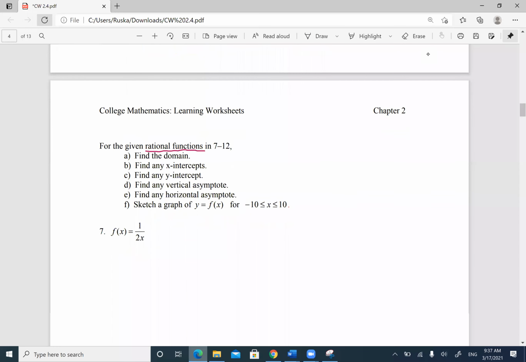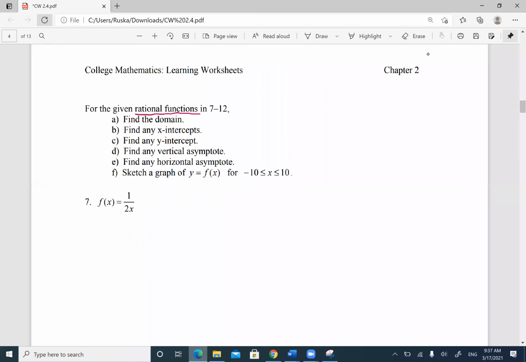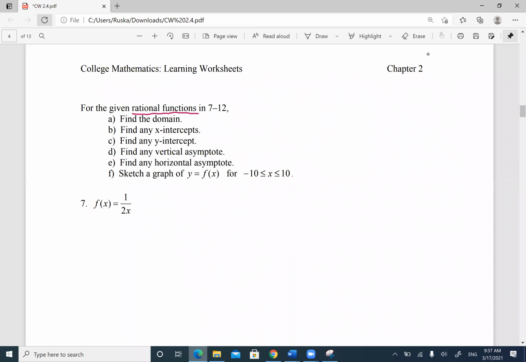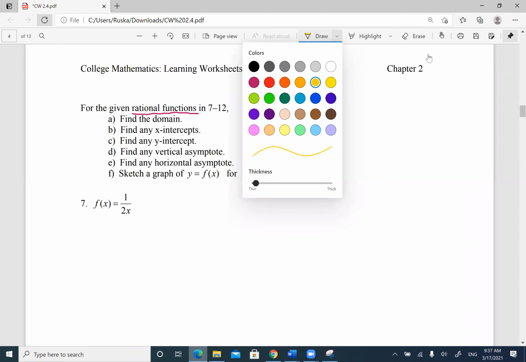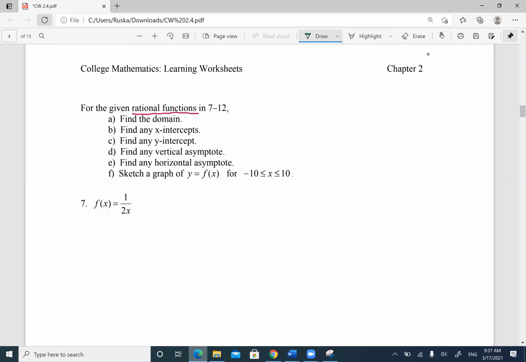Okay, so these are the steps. For the given functions, I have a few functions given here. We have to find the domain, and finding the domain is solving the denominator not equal to 0. So the rational function looks like numerator over denominator, right?